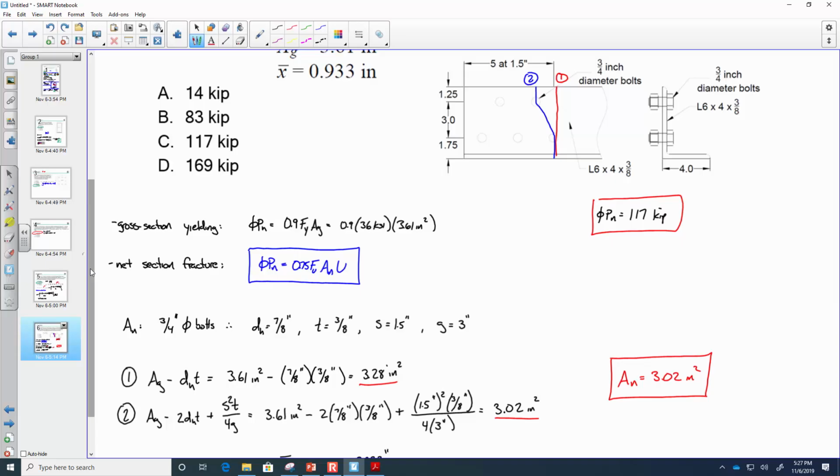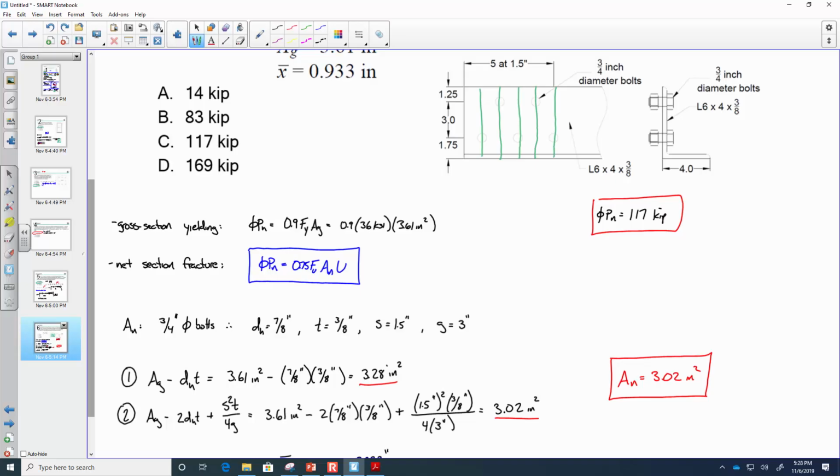Now, remember, the connection length was the distance between the outermost bolt and the outermost bolt. So if you look at this diagram and you say 7.5 inches, that's wrong, okay? Because the 7.5 inches is saying, let me erase this, if you start over here at the left end of the angle, that's 1, 2, 3, 4, 5.